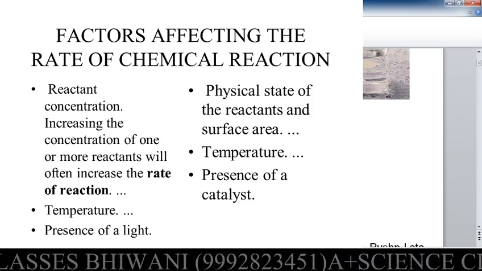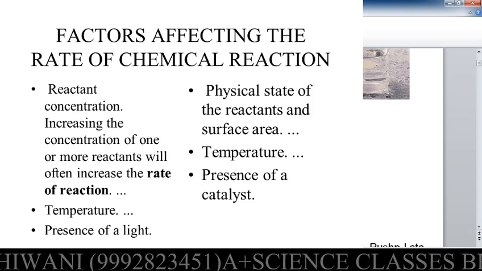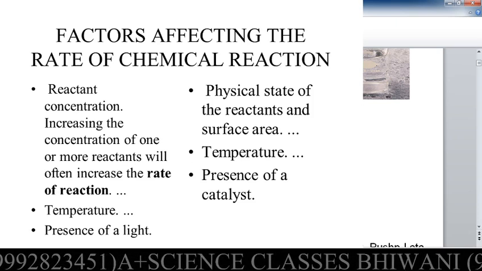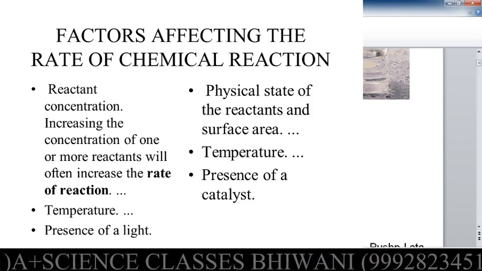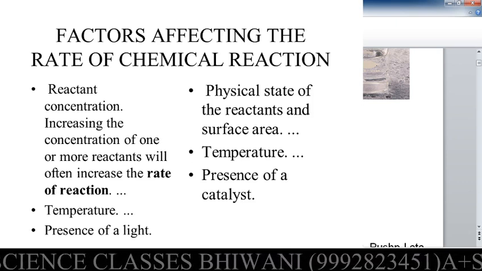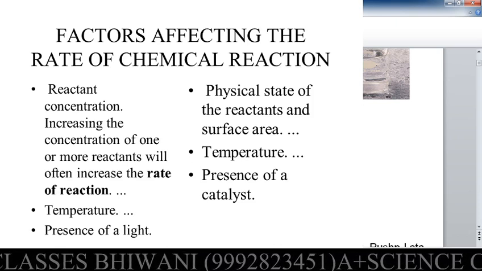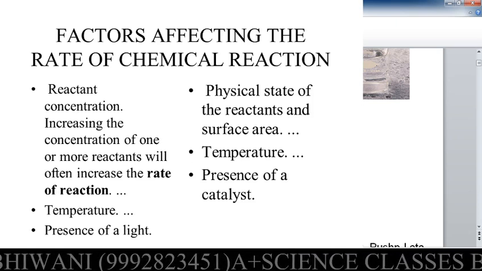These are not participating in the reaction as such, they may be recovered as such, but they can be used for initiating the reaction or increasing the rate of reaction. If they can increase the reaction rate, we can say that a catalyst can directly affect the rate of reaction. Is it clear? Any kind of confusion?